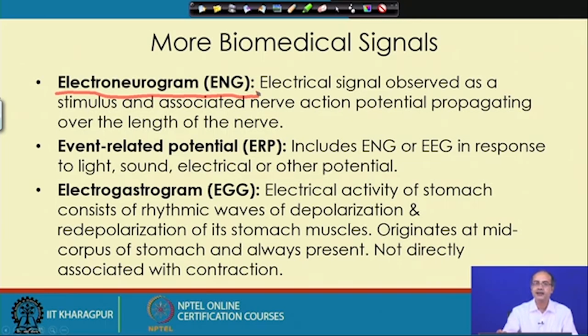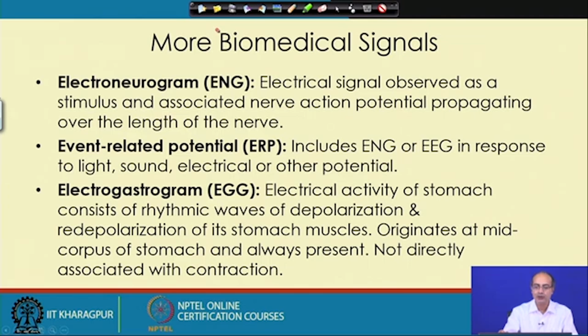The next signal is the event related potential. Event related potential means if there is any stimulus, in response to that, whatever signal is generated, we can call it event related potential, and that is why it has another name, evoked potential.